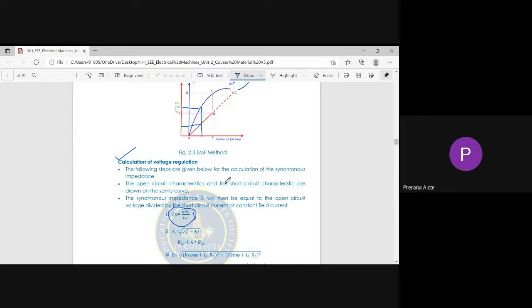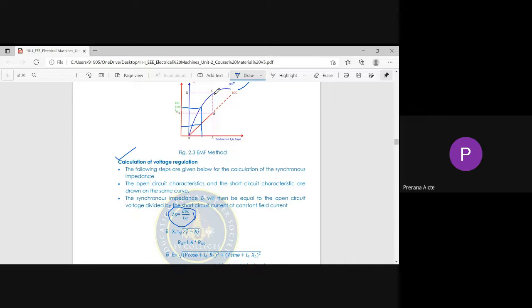Especially in this test, we find the synchronous impedance, for that reason this method is also called the synchronous impedance method. By measuring the synchronous impedance from this graph sheet, we obtain the voltage regulation of the alternator.